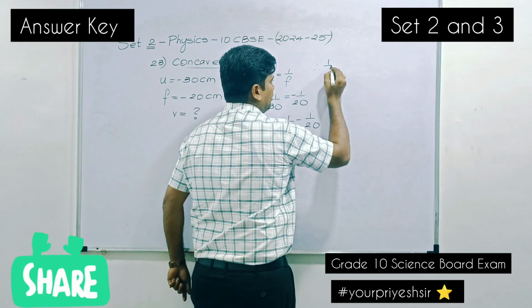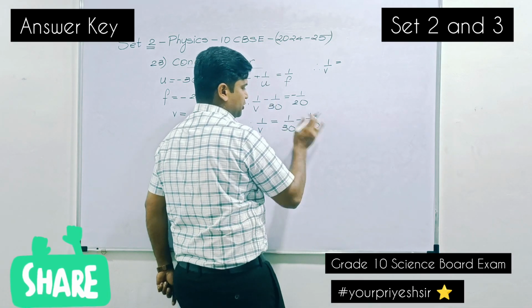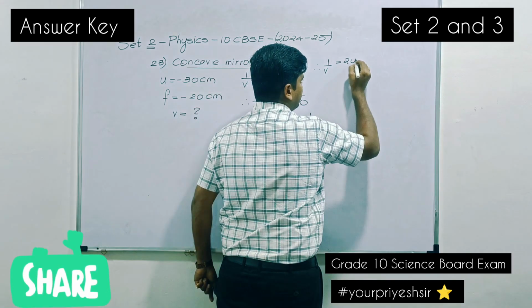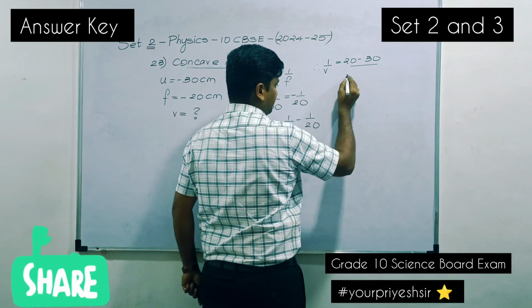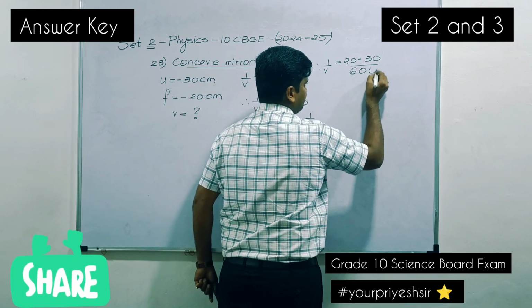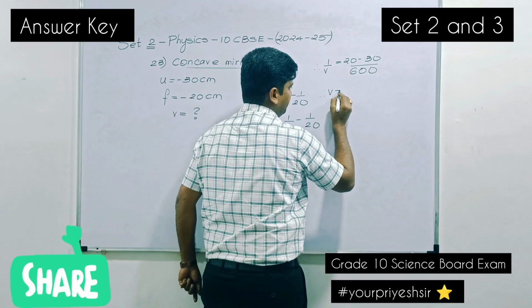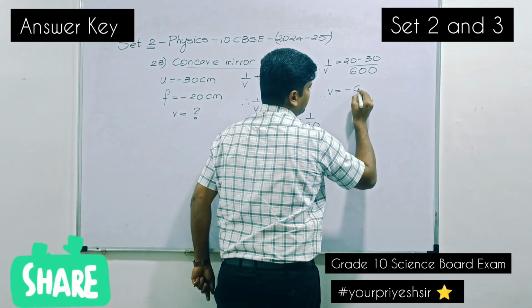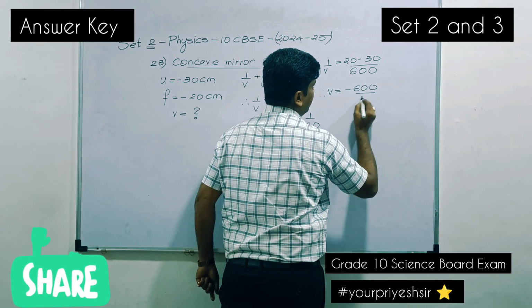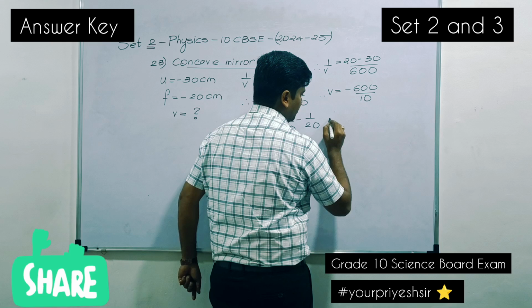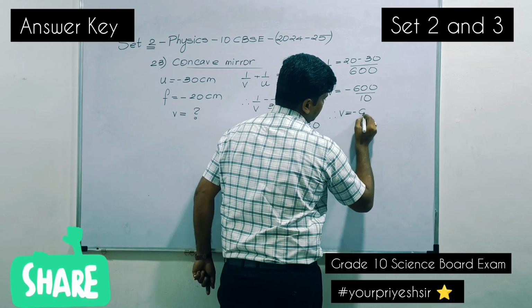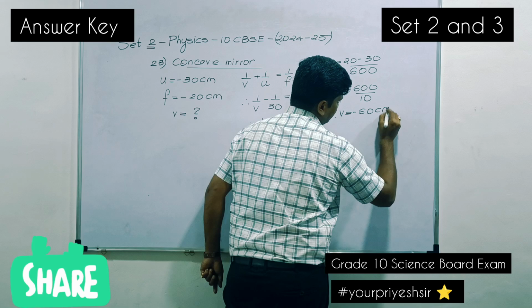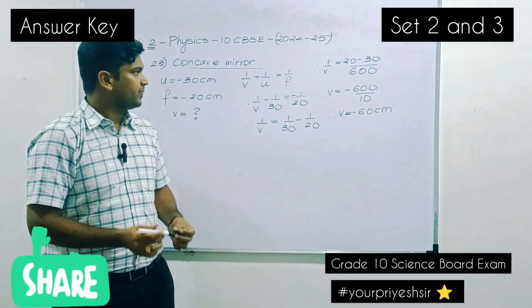I'll go for cross multiply. So 20 ones are 20 minus 30 ones are 30 divided by 600. So basically we would be minus of 600 divided by 10. So the image distance will be how much? Minus of 60 centimeters. Done.